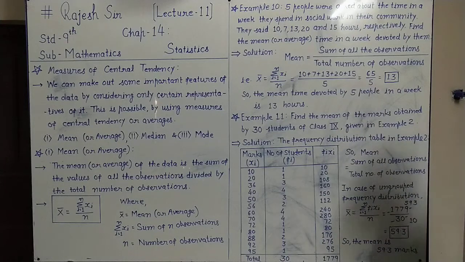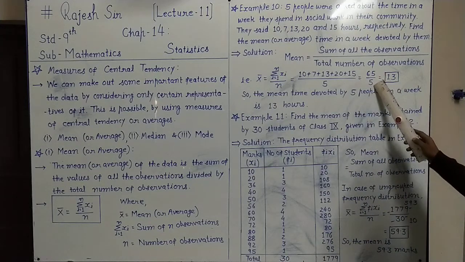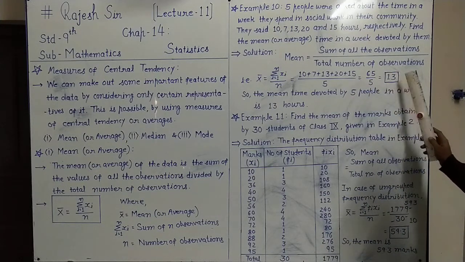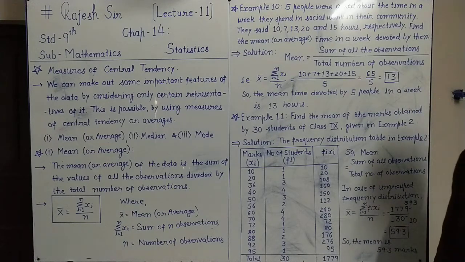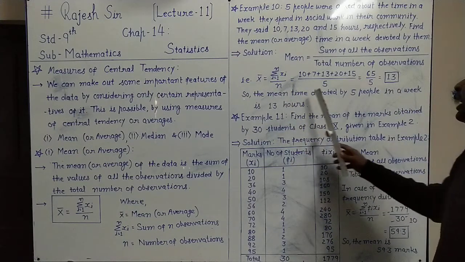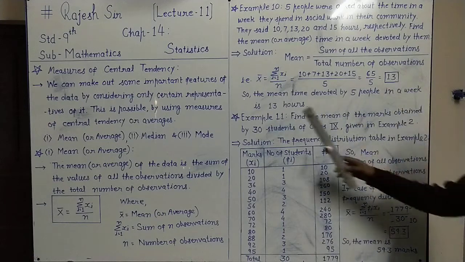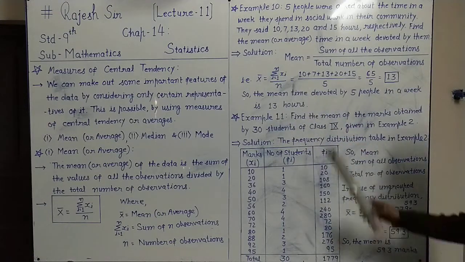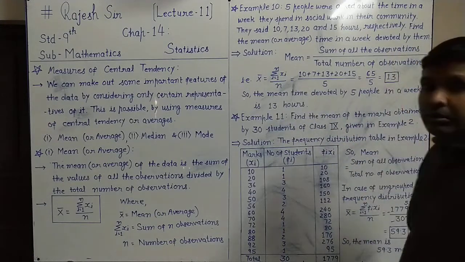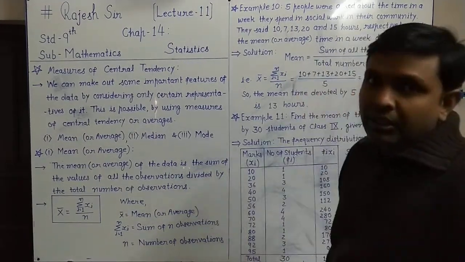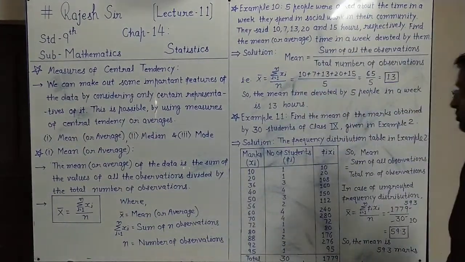So 65 upon 5. When we cancel by 5, 5 ones are 5, 5 threes are 15, so 13 is x bar or mean. So the mean time devoted by 5 people in a week is 13 hours. This 13 hours is the answer of this question. It is the mean or average time.